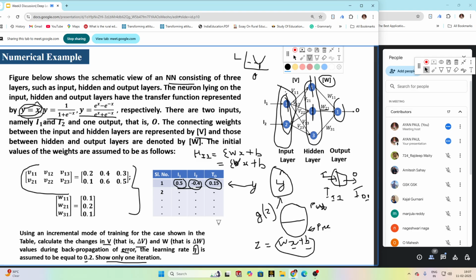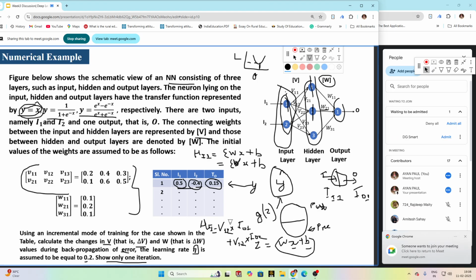So that will be equal to v11 into IO1 plus v12 into IO2. So this is for HI1. Sorry for my writing, but this is the thing. Is it clear to all of you?